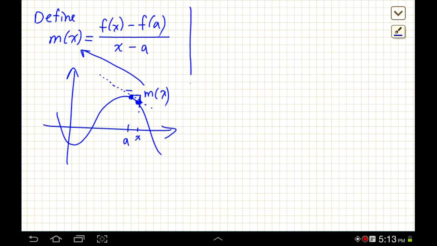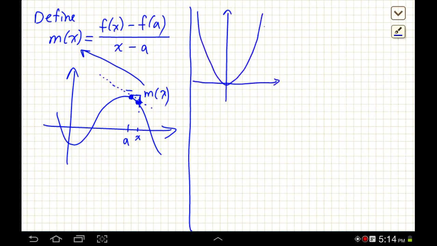As an example, let's find the tangent slope for the parabola y equals x squared, and let's say we want the tangent at 1. If we start off from an x value of 2, with the corresponding y values, then we see the secant slope joining point 1 to 2.